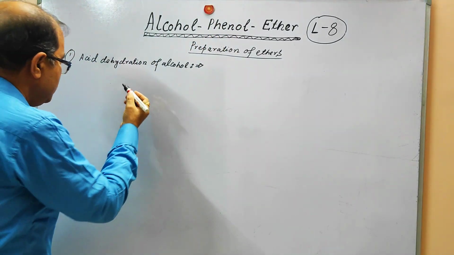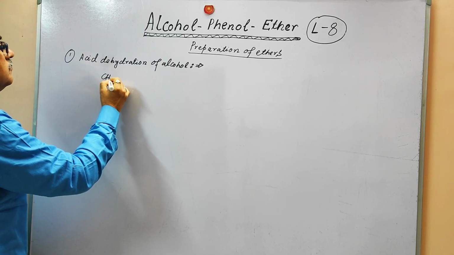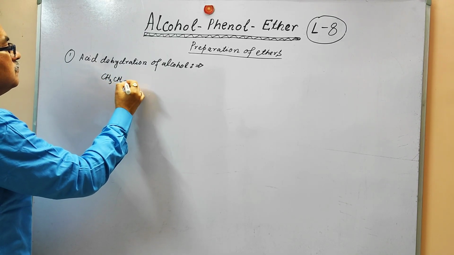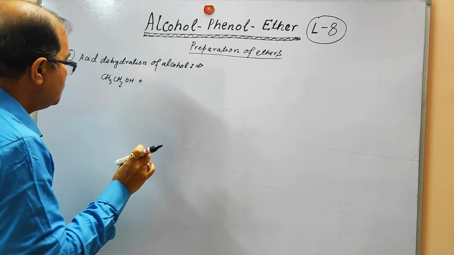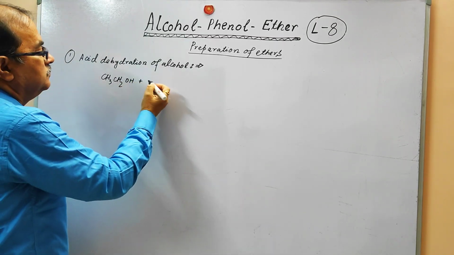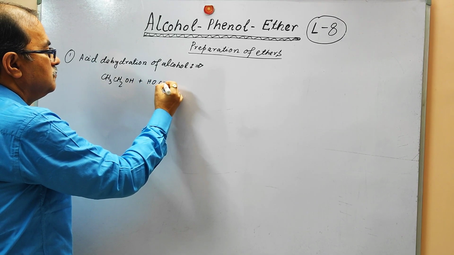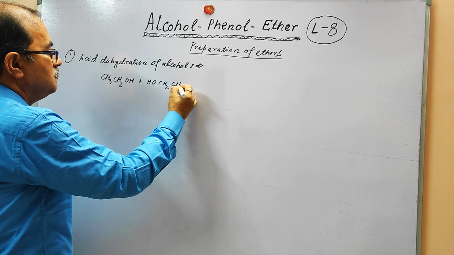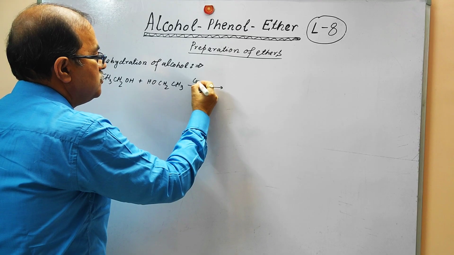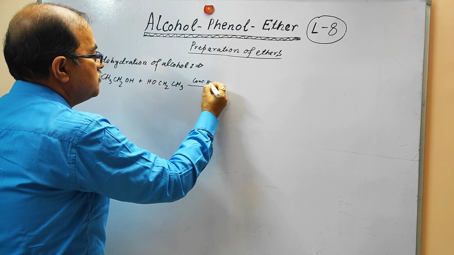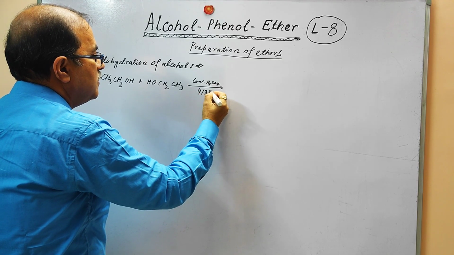So the reaction for this preparation of the ether is this. Here you can observe two molecules of the alcohol simultaneously react with each other in presence of concentrated H2SO4 and the temperature is 413 Kelvin.